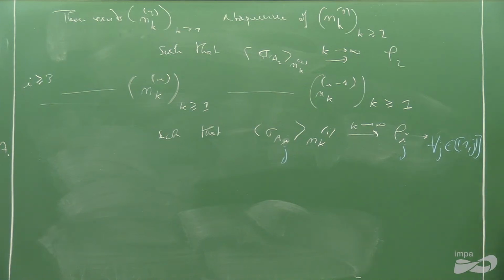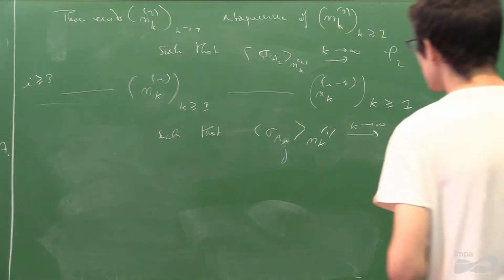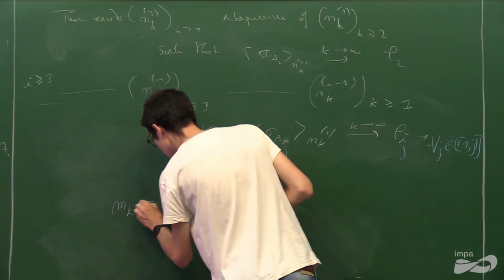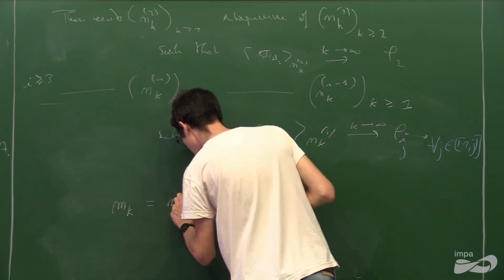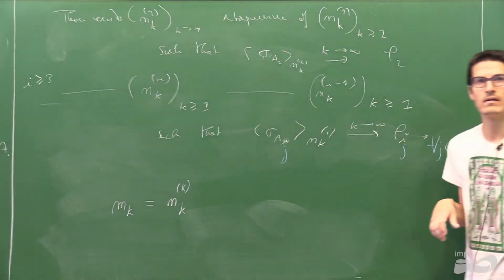Okay, the final step of the argument is really this diagonal idea. So you define Mk to be equal to Nkk. Okay?